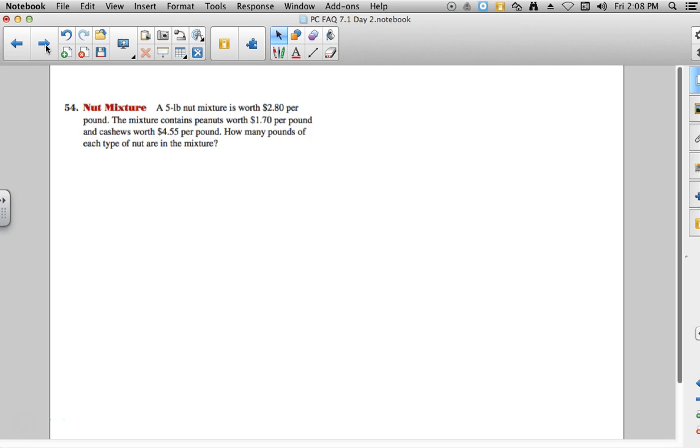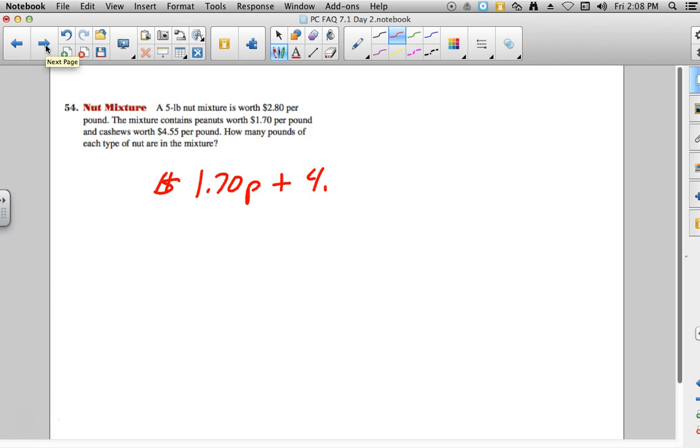54. A 5-pound nut mixture is worth $2.80 per pound. The mixture contains peanuts worth $1.70 per pound and cashews worth $4.55 per pound. How many pounds of each type of nuts are in the mixture? I saw two labels here. There's one about pounds and there's one about money. I'm going to go after the money first. We've got peanuts at $1.70 a pound, so $1.70p plus $4.55c cashews equals.